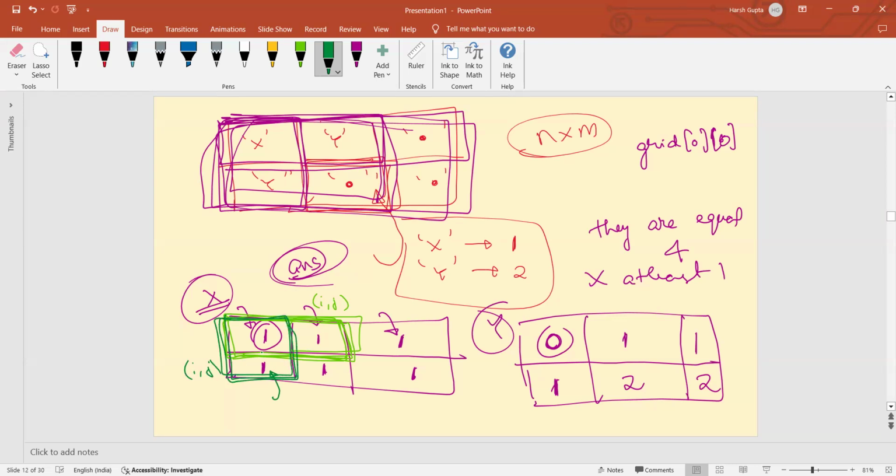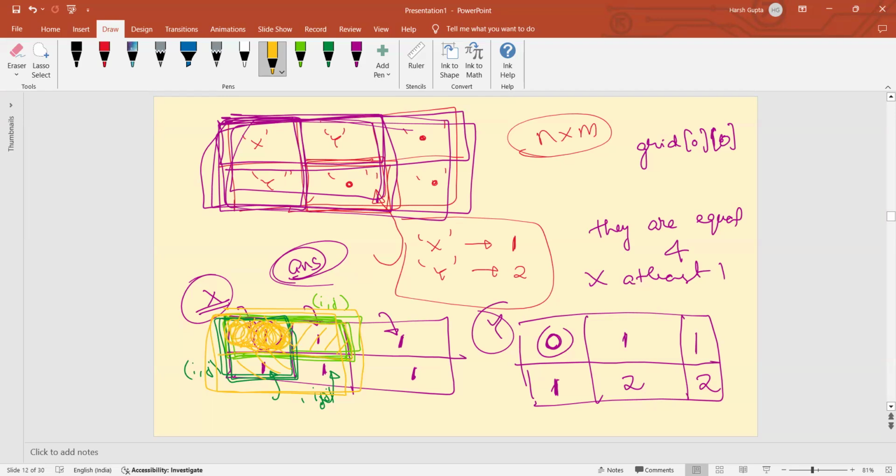Now, if I want to write the answer for this particular I comma j, I need to consider the entire block for this, isn't it? So it is nothing but this value plus this value, subtracted by this value, because this value gets counted twice.